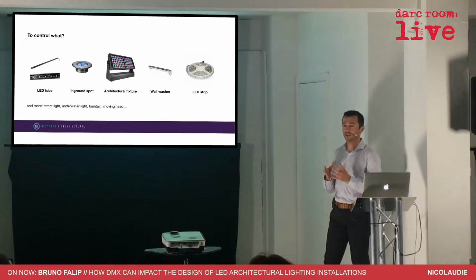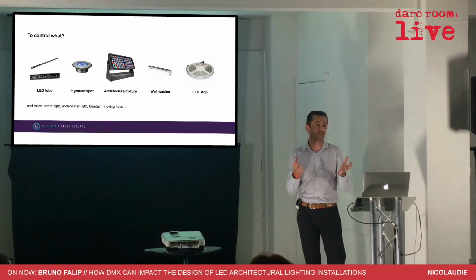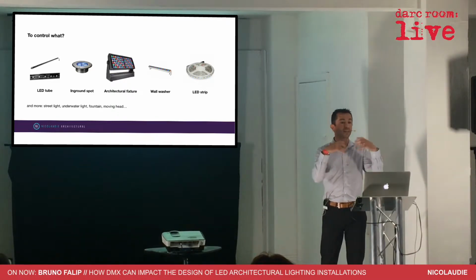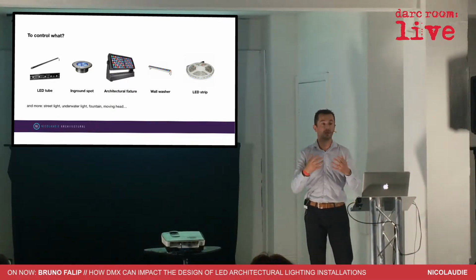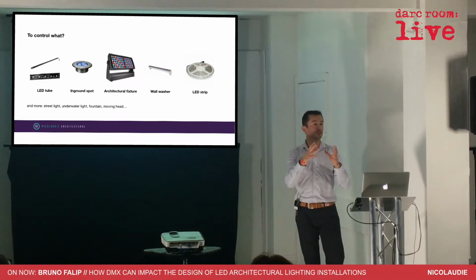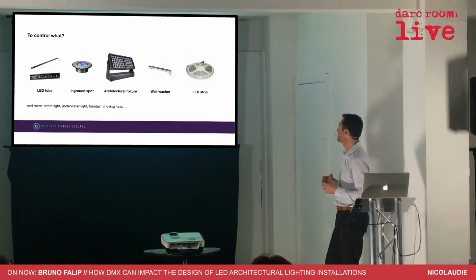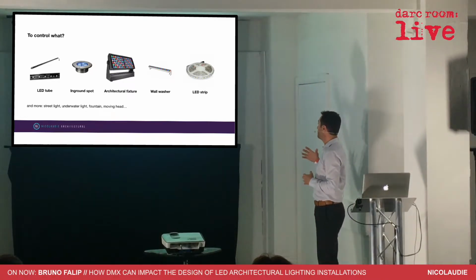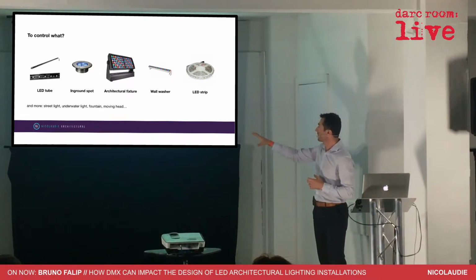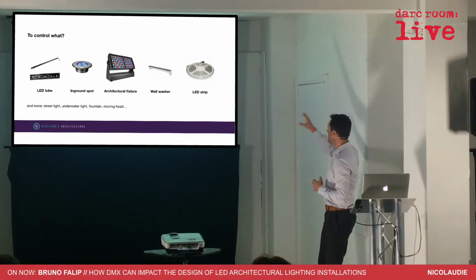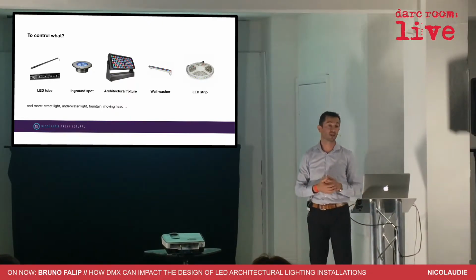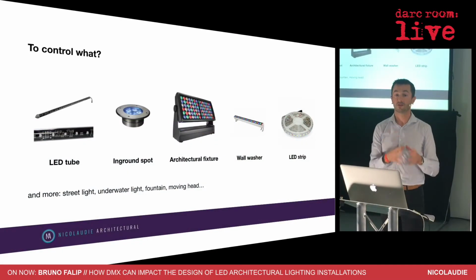When you have a special event, it is sometimes good to light a facade, for example, with some nice gobo and projection. DMX allows you to do that for special events. And so with DMX, all those kinds of lighting devices can be connected together with a single controller.